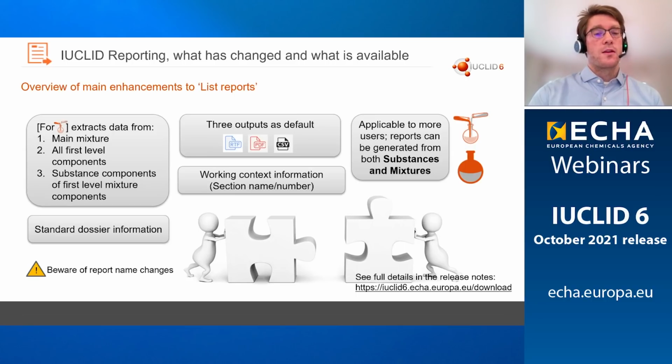And finally, just to make you aware, because we have standardized these list reports, some of them have undergone some name changes. So just be careful of this. You'll find the full details of all these changes, including the new names of the reports, in the release notes, which I've put a URL address to there in the bottom right-hand corner.